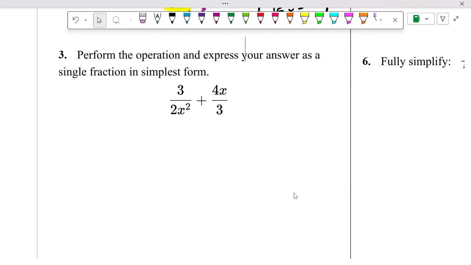Six, right? I wasn't paying attention. Like good ones.